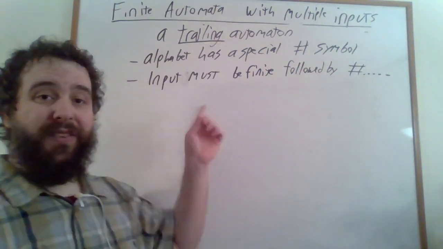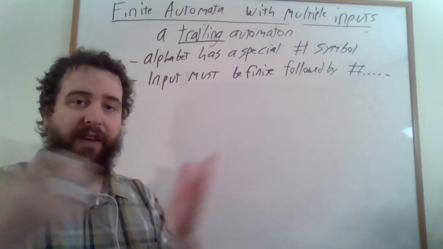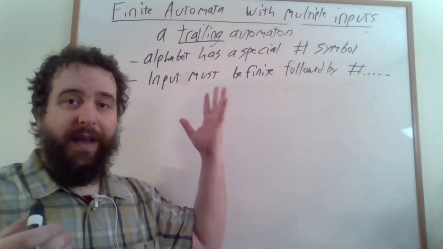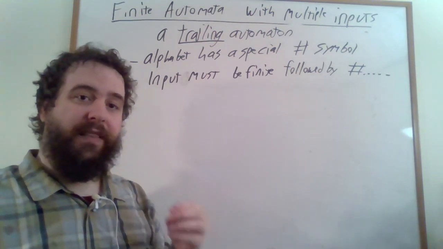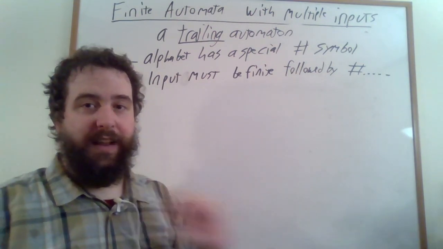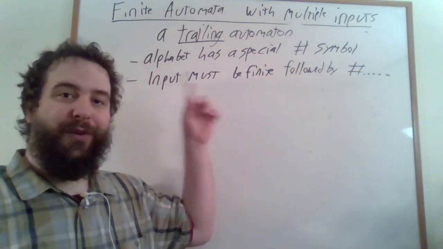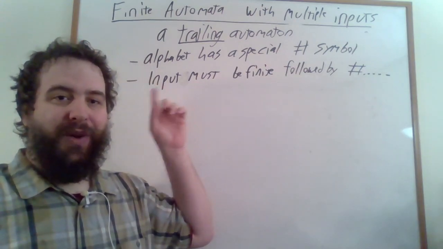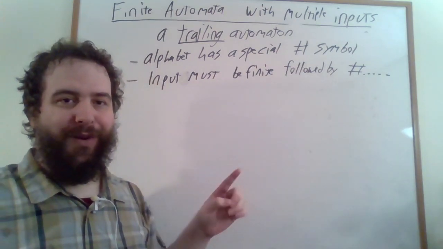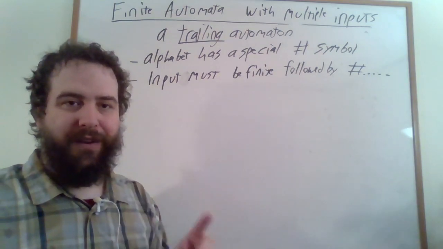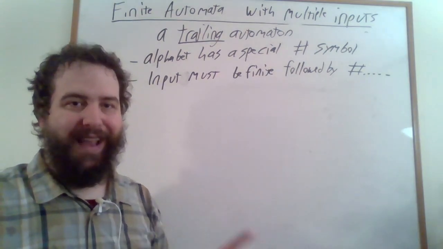The input must be finite. It must be a finite string of characters from the rest of the alphabet, followed by this special end of word character infinitely. We're not allowed to use these automata to input infinitely long words. That's something else that's called a Büchi automaton. We'll get to it later.